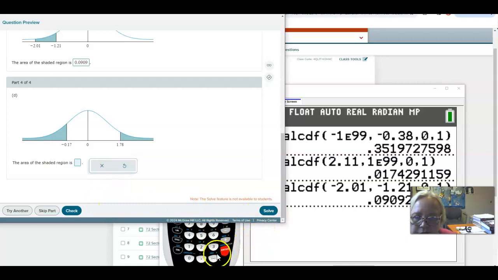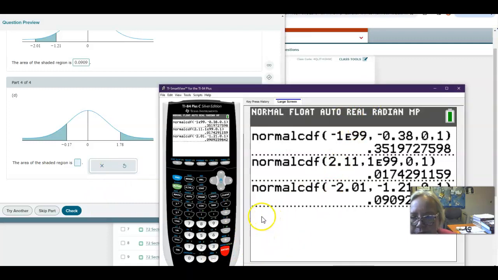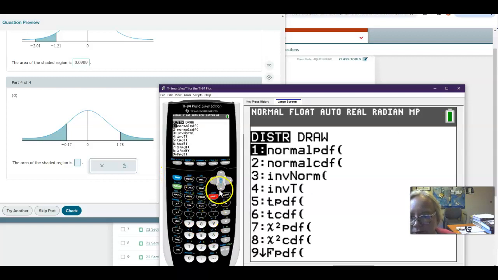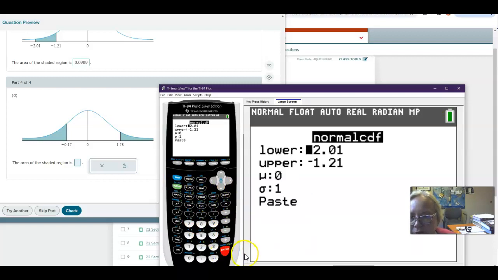So let's do that. Going back to the calculator, we put 1 minus, and then we insert the command normalcdf, and here we enter negative 0.17 and positive 1.78.